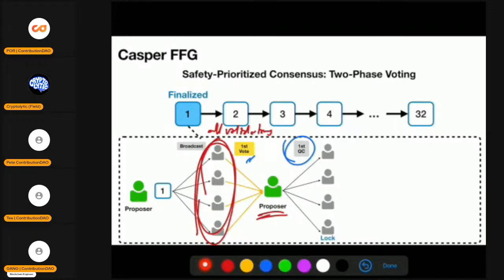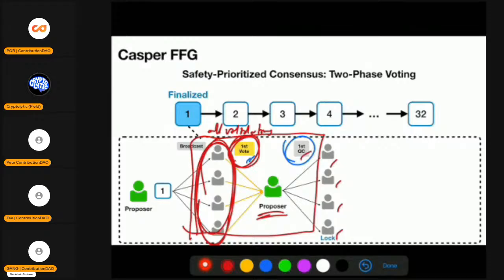So here we have a first voting phase, because all of the validators make the first vote. After that, when a validator receives the quorum certificate, it knows that the first voting phase is already finished.